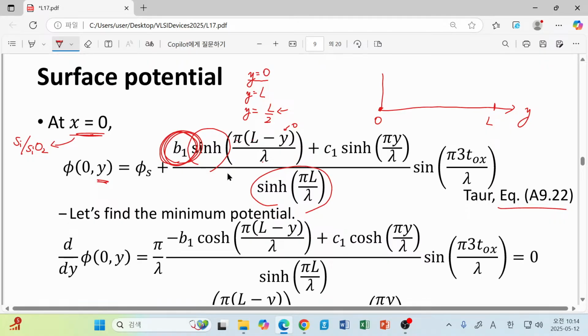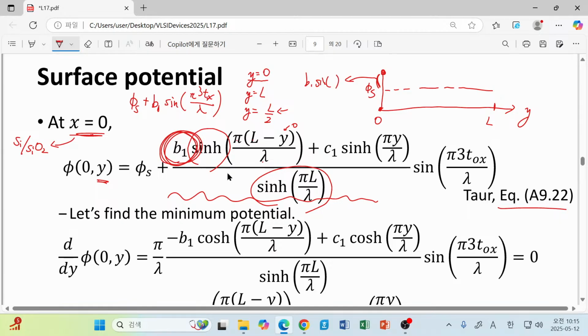So what we will get is just phi s plus B1 for this entire system. After that, of course, we have a sine pi over 3 t ox lambda. So we will have a certain value higher than phi s value. This difference corresponds to B1 sine something.